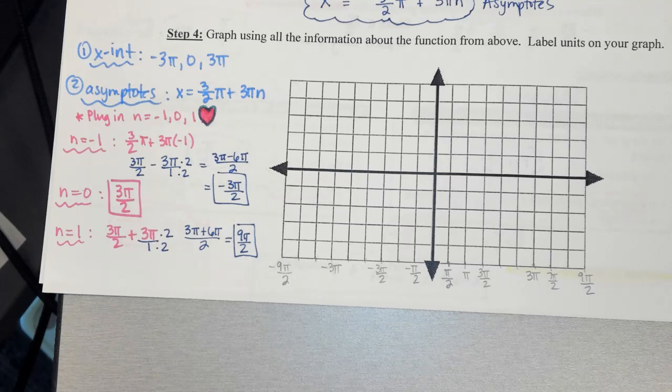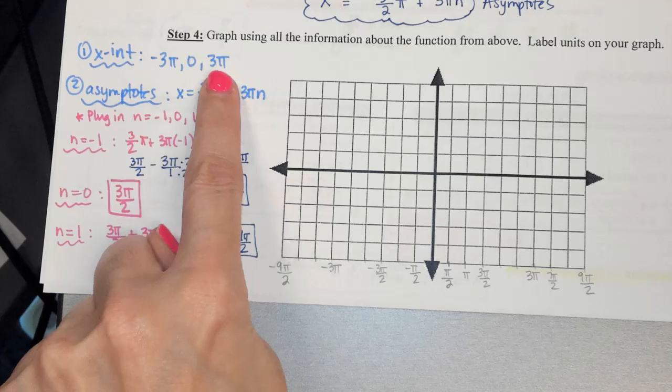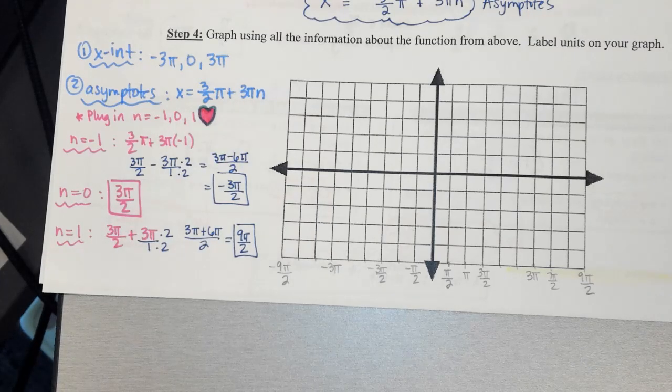Spanning the graph. So the points that we have are going to help us get started. Okay, so I want you to look at the x-intercepts. So we have -3 pi, 0, and 3 pi, and I want you to mark those off on your x-axis. Okay, so after you've labeled these, I want you to do the -3 pi, 0, and 3 pi.